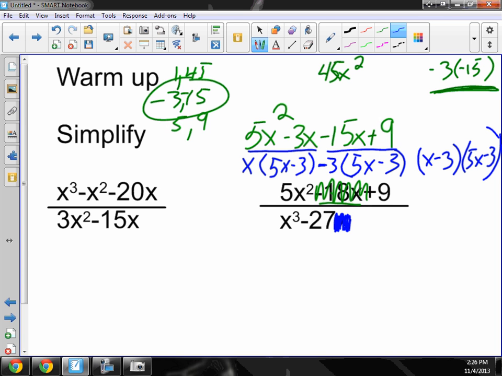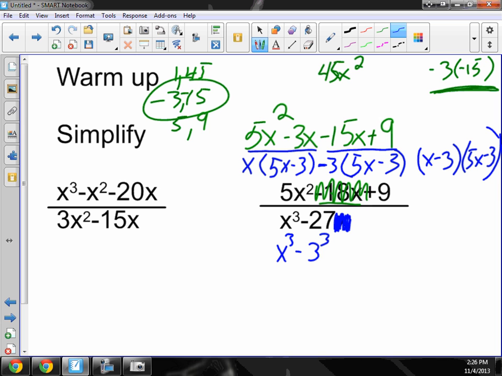So, is that a difference of cubes? Now it is. So it's x to the third minus, what to the third is 27? 3 to the third. So then you can turn to page 21 in your textbook, and you can follow the pattern.